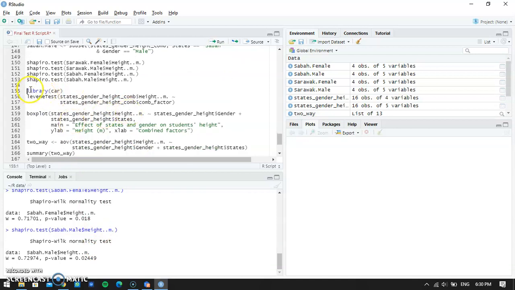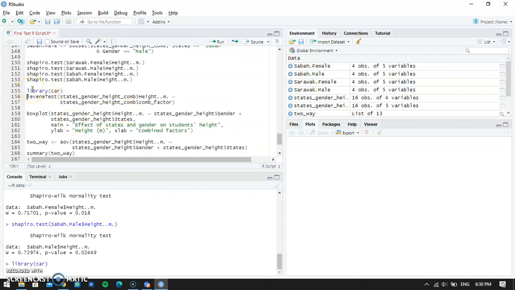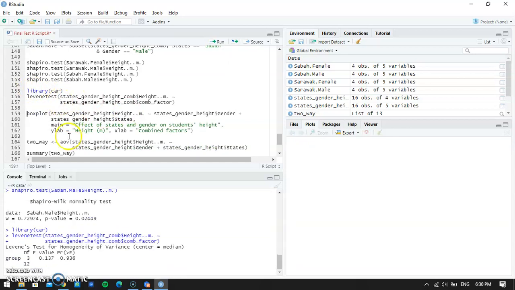Next, I carry out the Levene test to test for the homogeneity. The p-value given out is 0.936, which is larger than 0.05, meaning that there is no significant difference in variance between the samples.